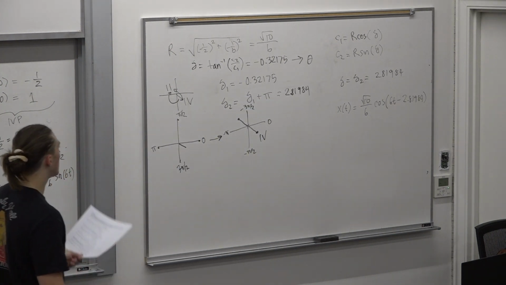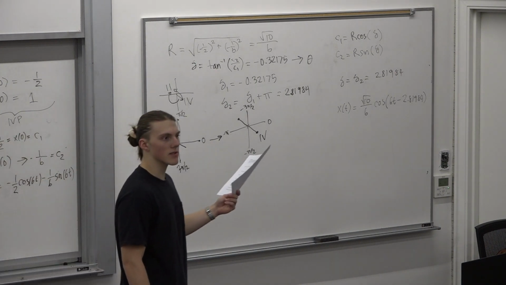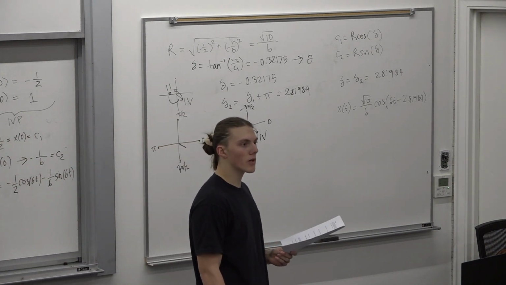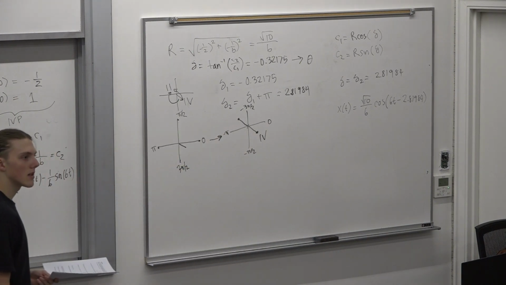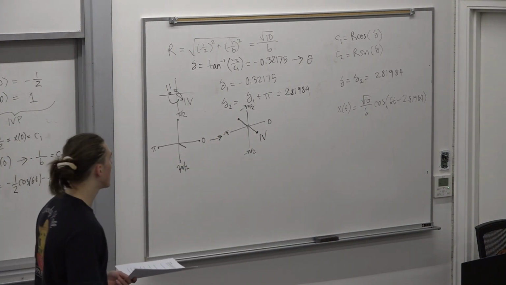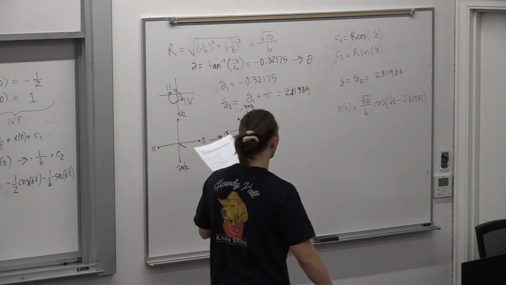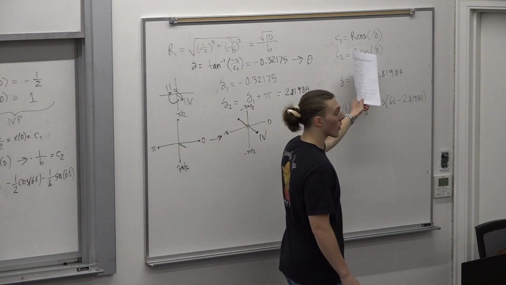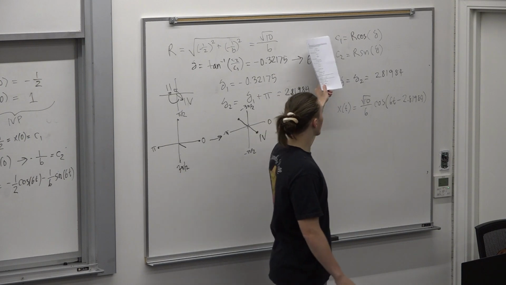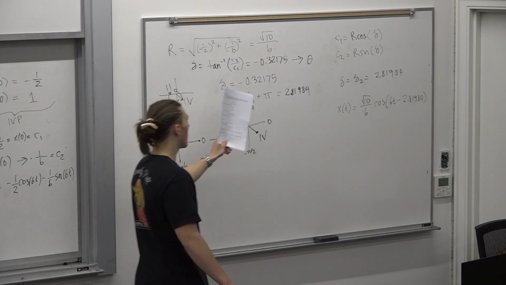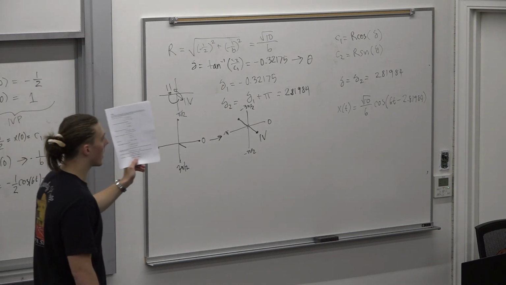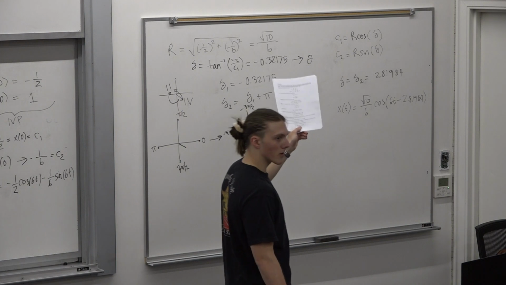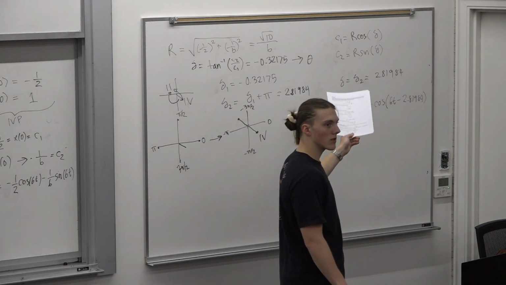It's whichever one it works with C1 and C2. If you plug in delta 1 into both of these equations, and both of them are true for these C1 and C2 you found earlier, then you use delta 1. If you plug in delta 2 and it's right, then you use delta 2.